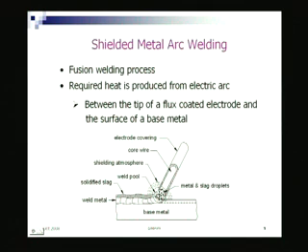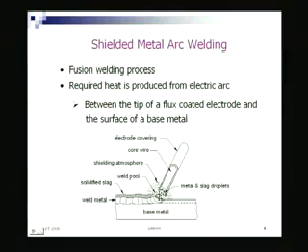These black spots show how the metal gets melted and transferred through the arc column. So your molten metal from the electrode is getting transferred to the base metal, and part of the base metal is getting melted also, right.